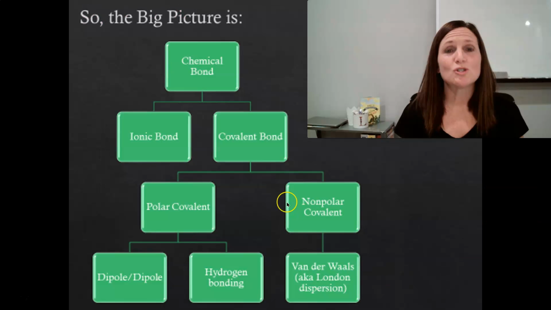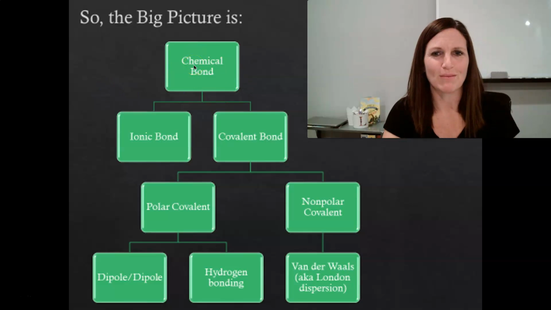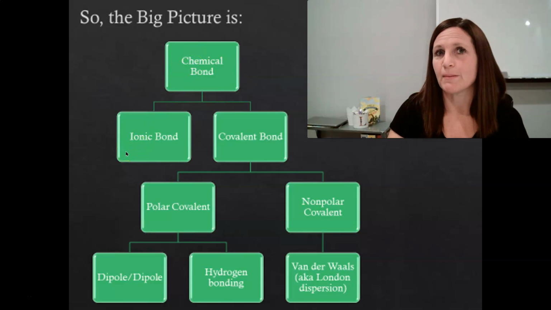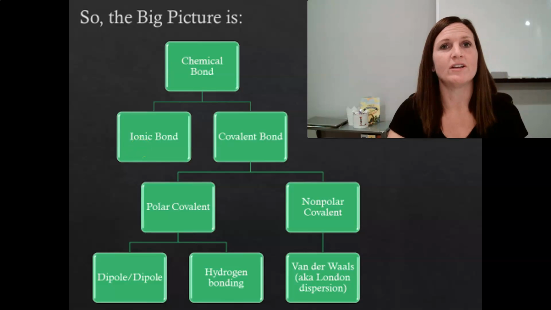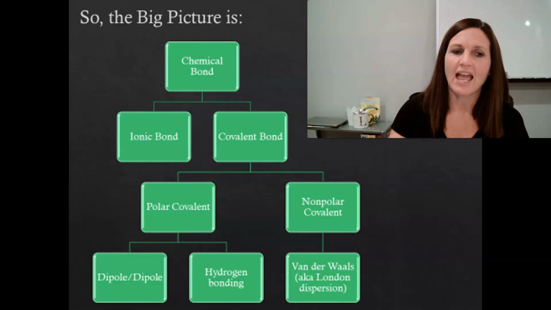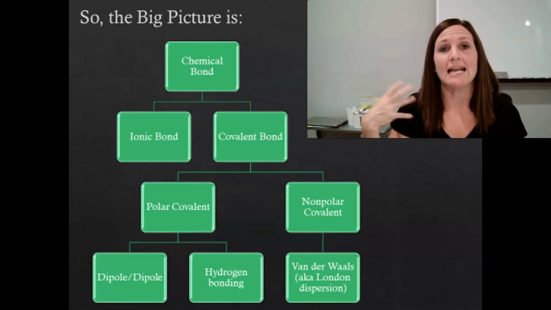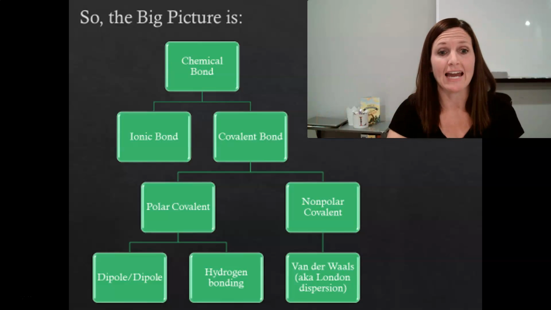But it's an important thing to know as a person studying science, as a scientist. So in our big picture, we have talked about two types of chemical bonds. We just recently talked about ionic bonds, which involve the complete transfer of an electron from the cation to the anion. And then those cations and anions stick together in formula units and stack up to form a crystalline lattice.